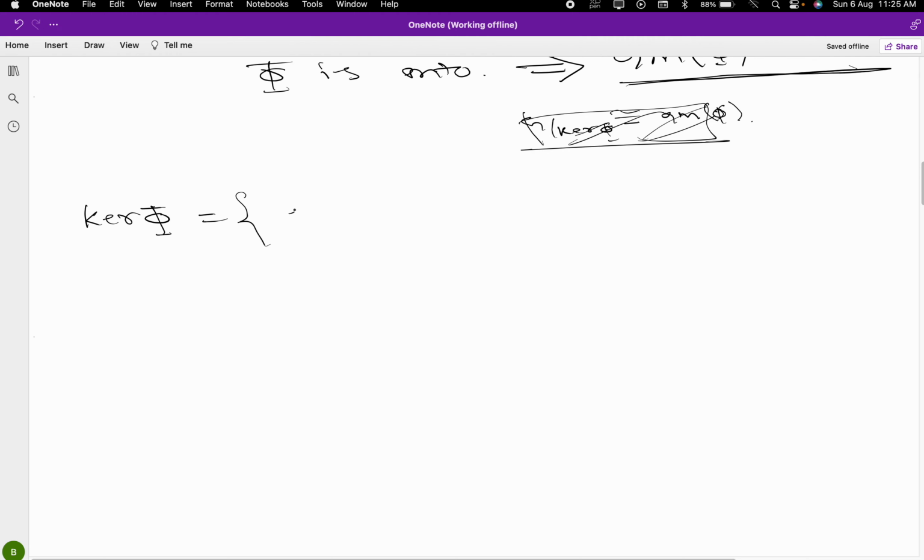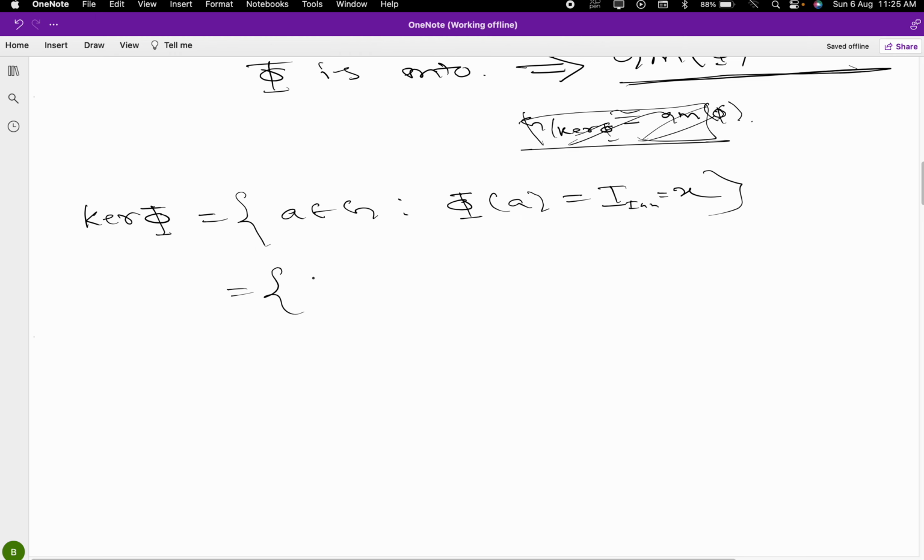So we can write all those elements A inside the group G such that phi of A gives the identity of the inner automorphism. The identity map is nothing but the map that gives us the element X, nothing else.